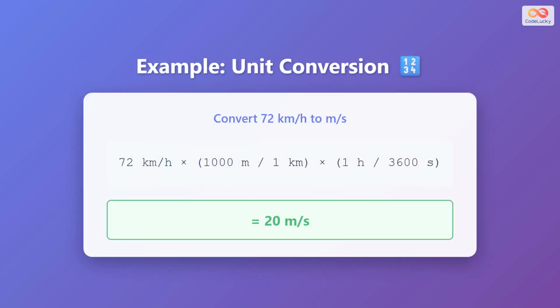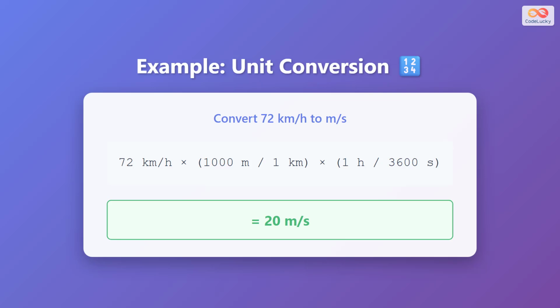Let's convert 72 kilometers per hour to meters per second. We start with 72 kilometers per hour. To convert kilometers to meters, we multiply by the fraction 1,000 meters divided by 1 kilometer. This cancels out the kilometer unit. Next, to convert hours to seconds, we multiply by the fraction 1 hour divided by 3,600 seconds.